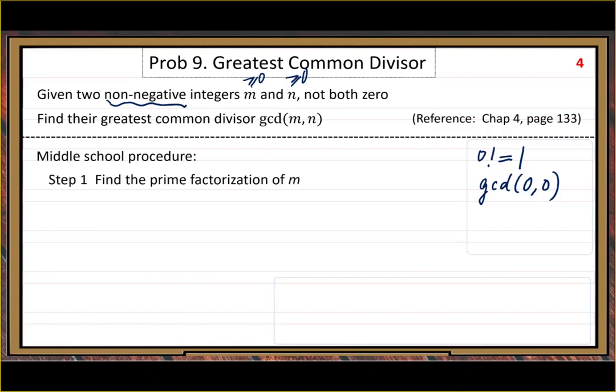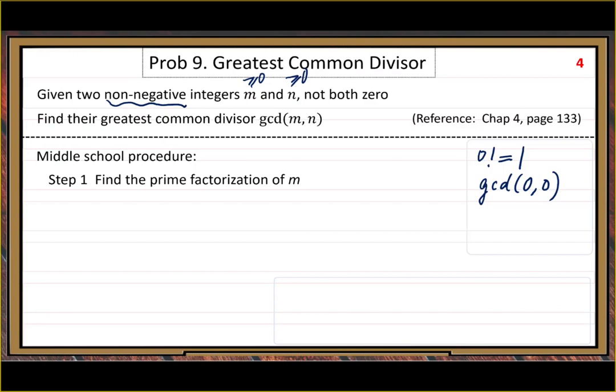Middle school procedure. Step 1, find the prime factorization of m. You know prime, right? 2, 3, 5, 7. These numbers have only two divisors, itself and 1, and no other divisors.